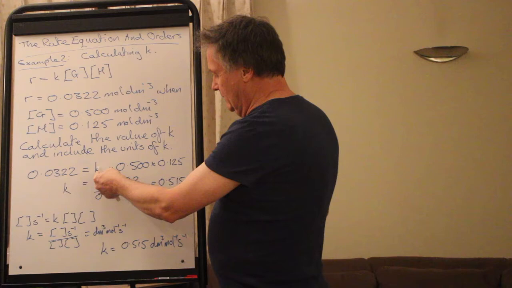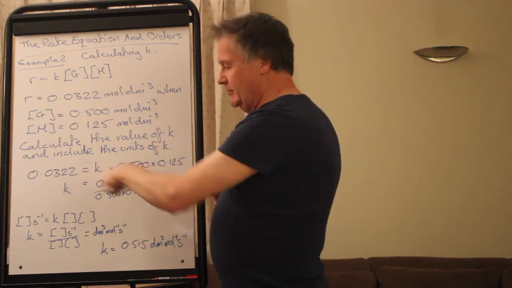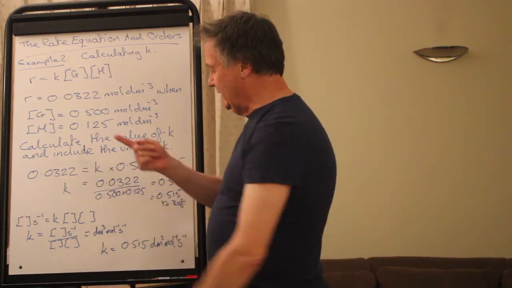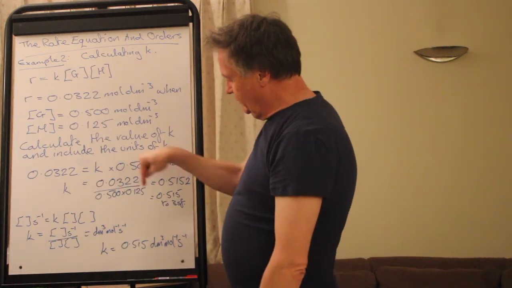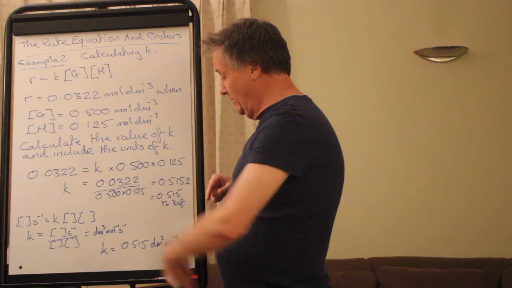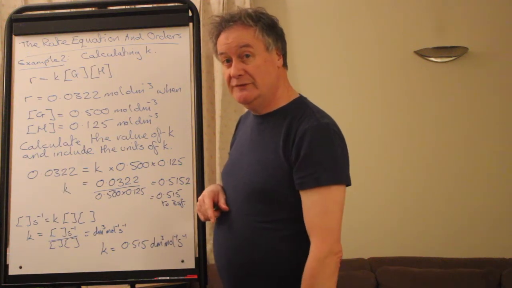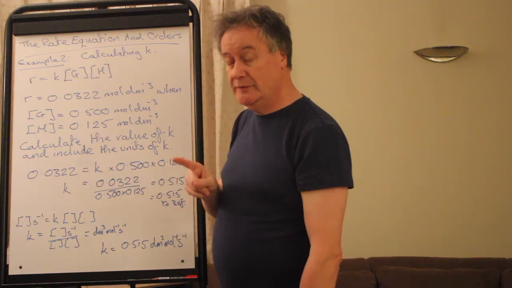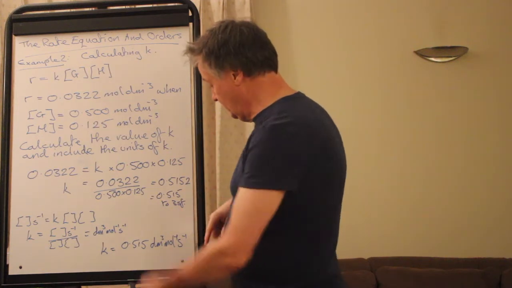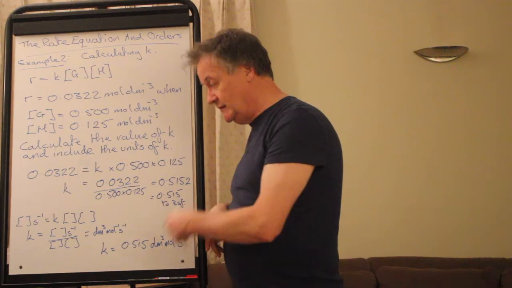K, so you put the 0.5 down the bottom, 0.125 down the bottom. I've just written the K on the left instead of on the right. And it's 0.0322 divided by those two numbers multiplied together. When you work that out, it comes out as 0.5152. But that's 4 significant figures. That's one too many. It's 0.515 to 3 significant figures.